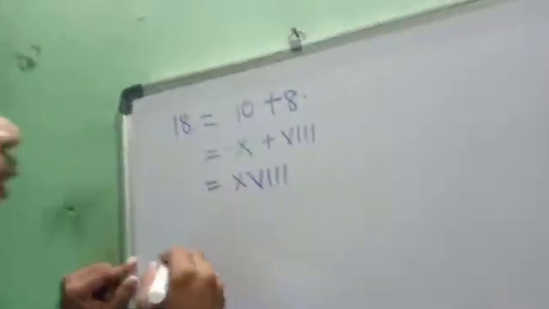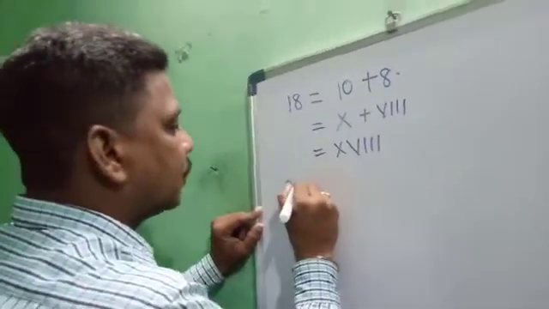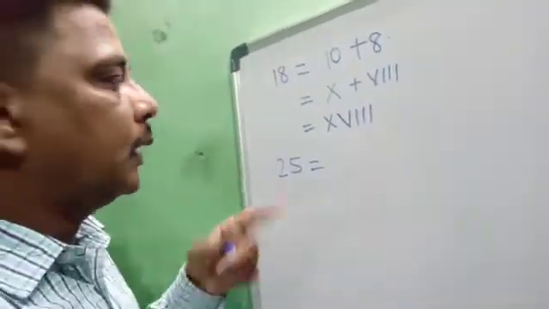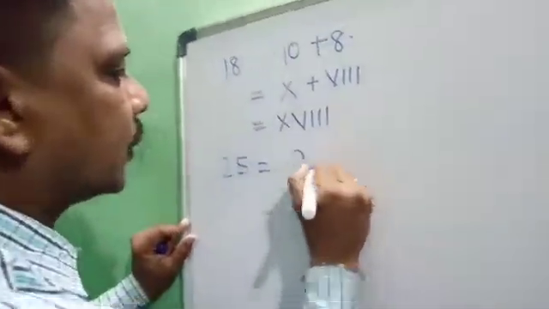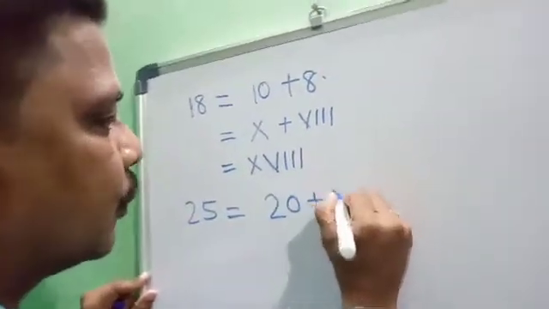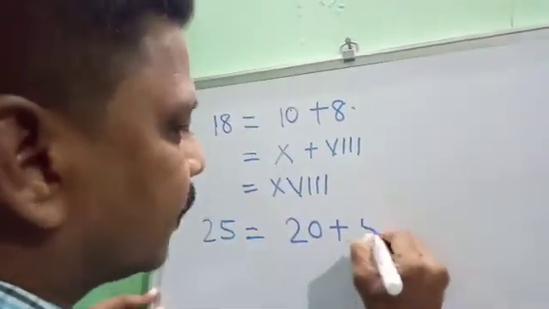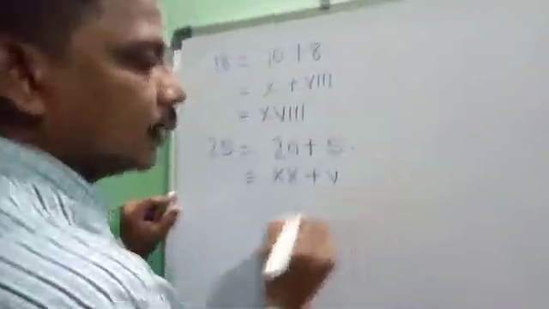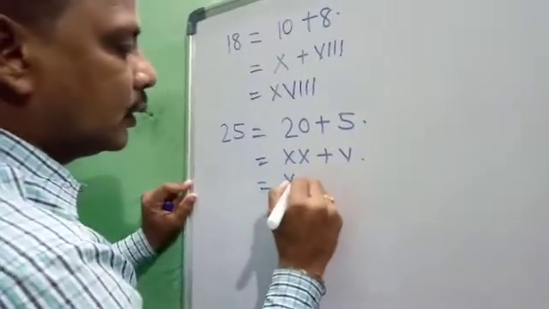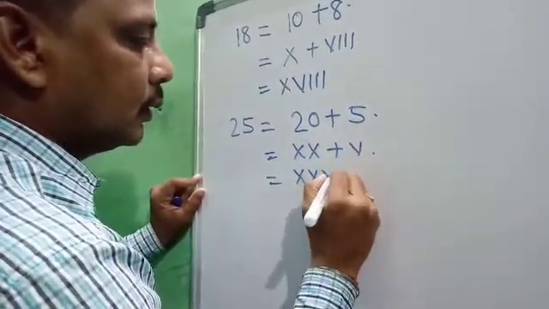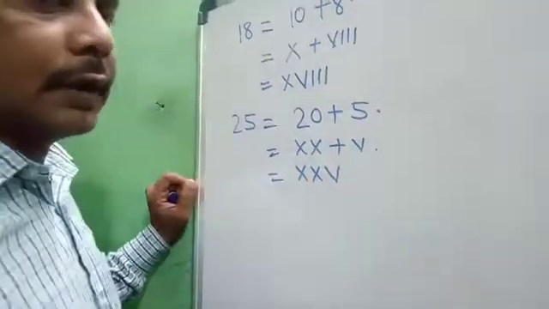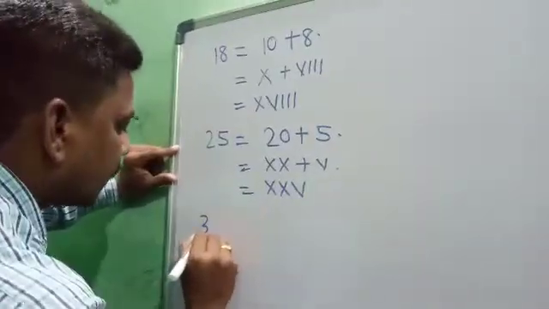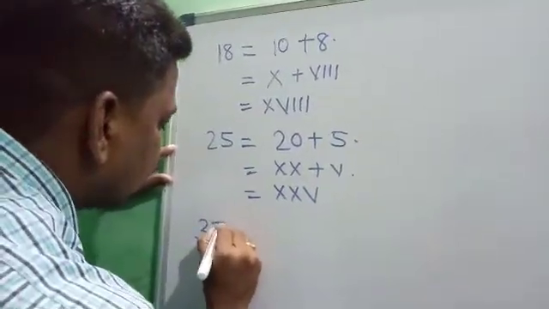Okay. Suppose we have to write 25. 20 means 10 plus 10, so in 20 we have to write XX. 20 plus 5. In 20 you write XX plus V. Then the Roman numeral is XXV. In this way we can write 37.